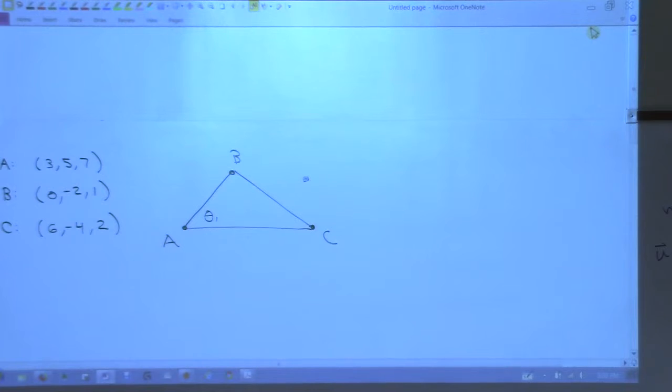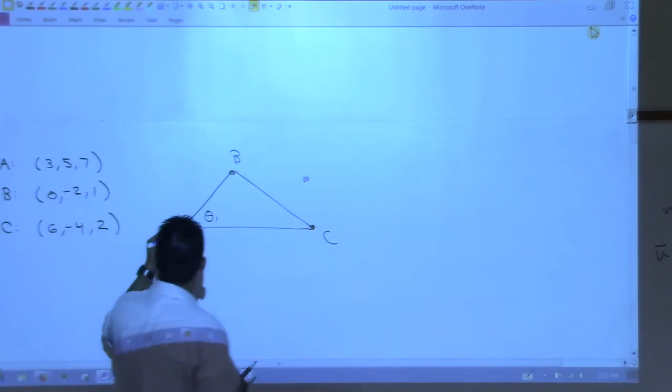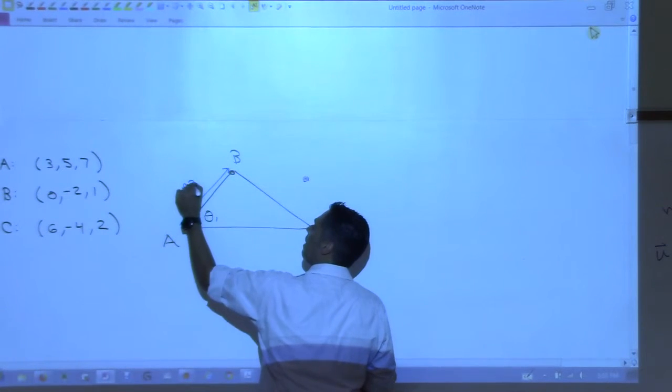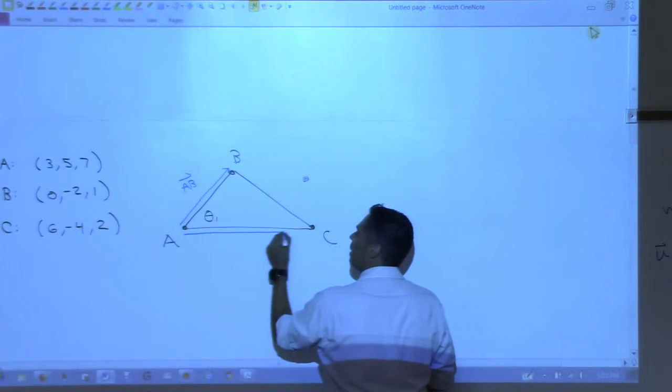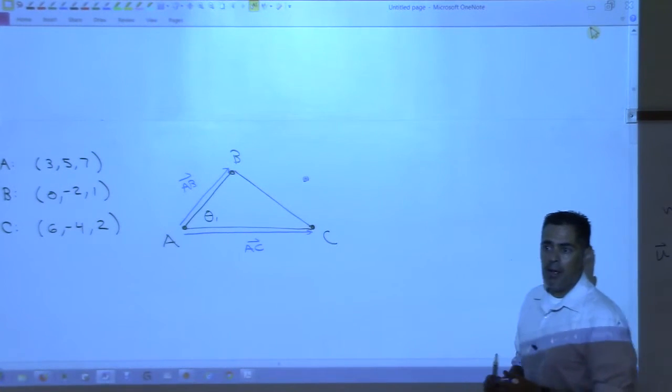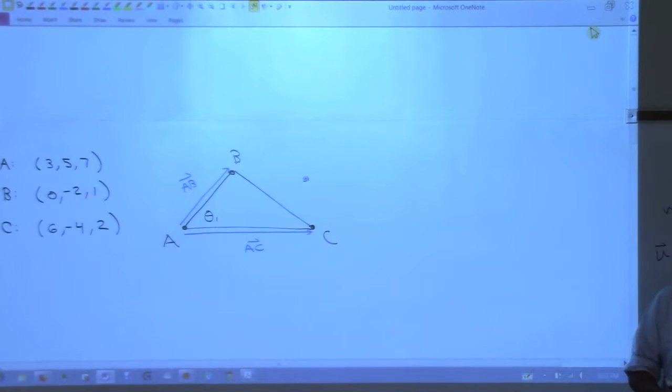I need to find the vector AB, and I need to find the vector AC, and then dot the two. But the key is you have to create the vectors. You can't work off the points.